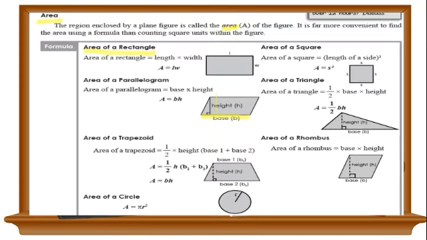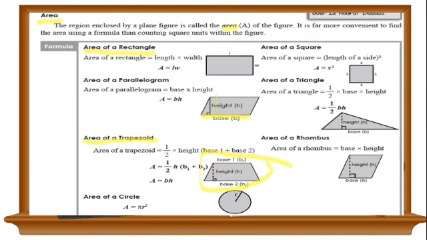Okay, next. Area of a trapezoid. What is a trapezoid? This figure here is a trapezoid. Okay? So, the area of a trapezoid is equal to 1/2 times height times base 1 plus base 2.